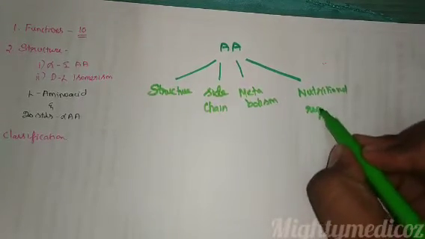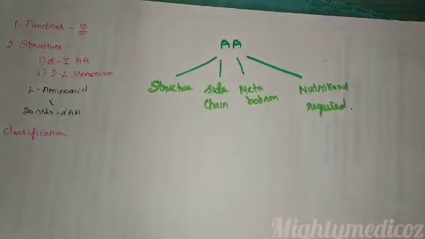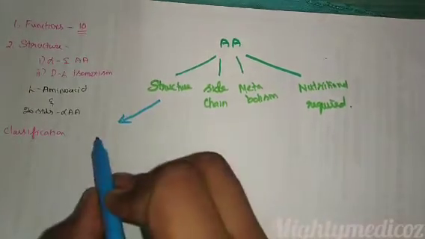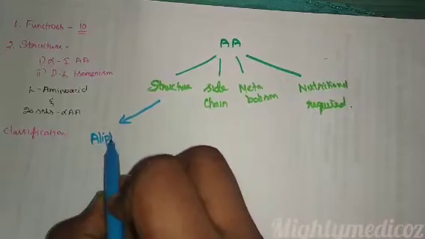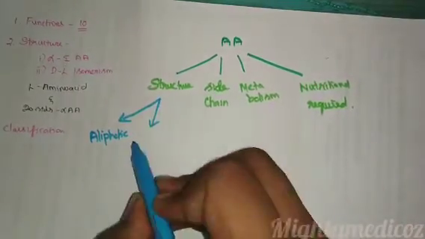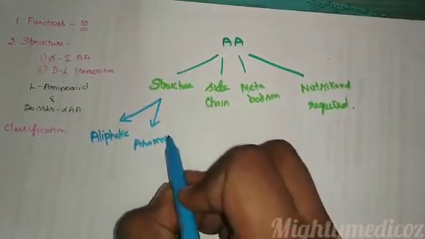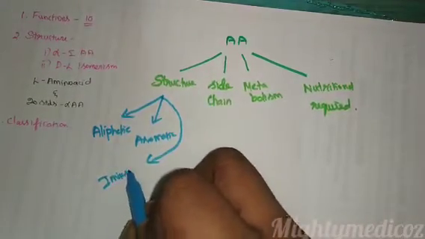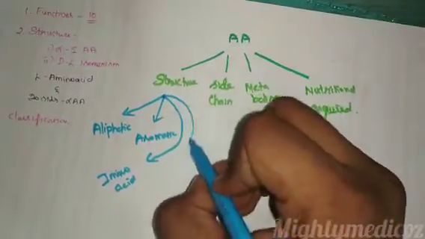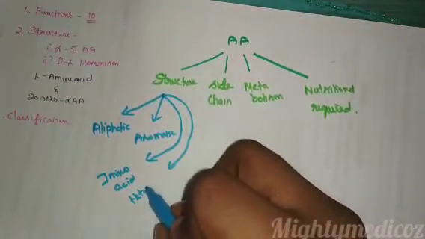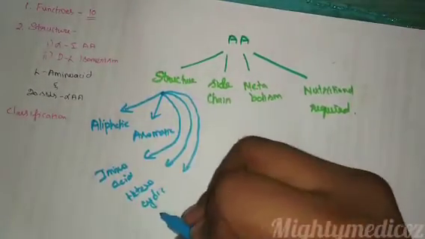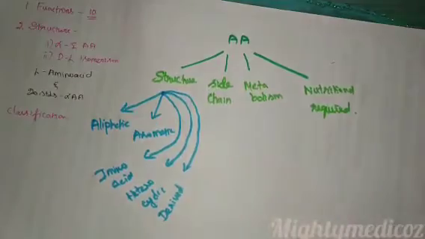Under structure, we have sub-classifications: aliphatic, aromatic, amino acid, heterocyclic, and finally derived amino acids.